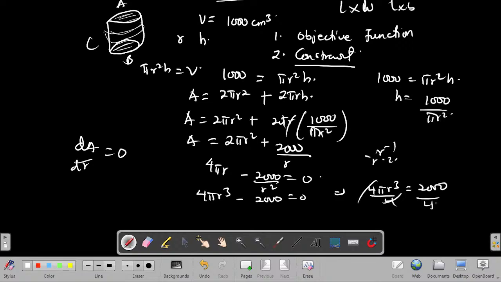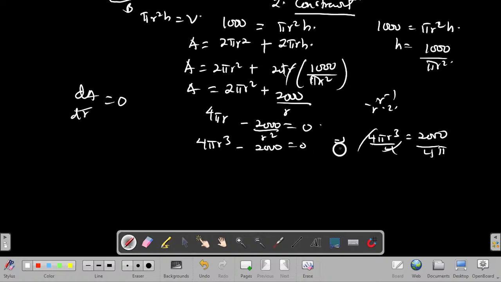Then I divide through by 4 pi, r cubed equal to 2000. So r is the cube root of 1000 over 4 pi, according to our constraint.